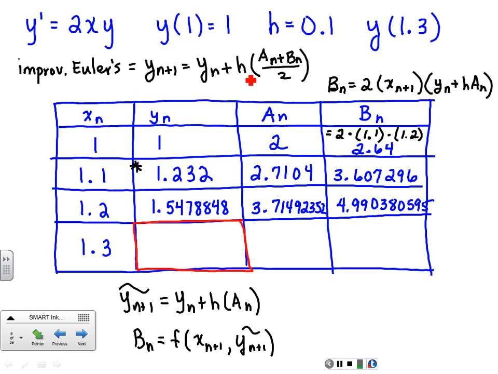So average the a sub n and b sub n together, 3.71492352 plus 4.990380595 equals, divided by 2 equals, times the step size, so times 0.1 equals, and then plus your previous y sub n, so plus 1.54788848 equals.